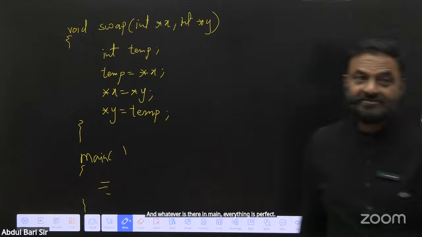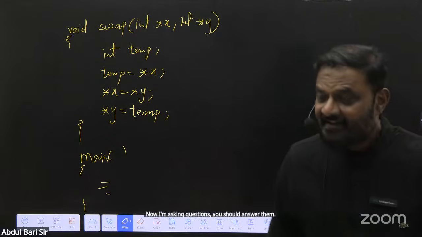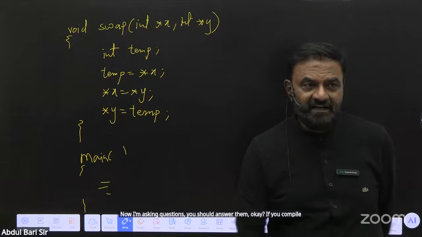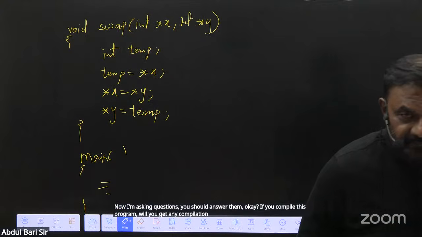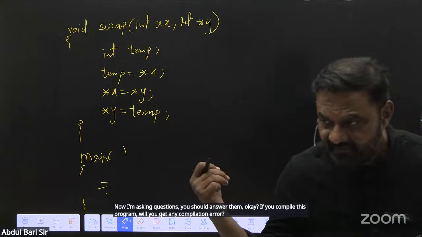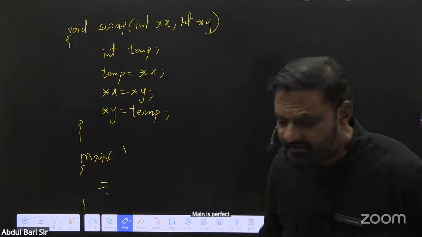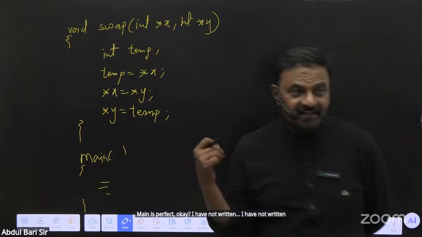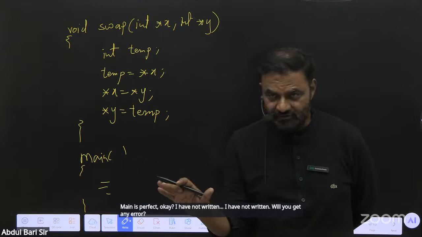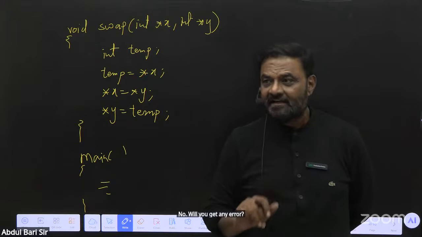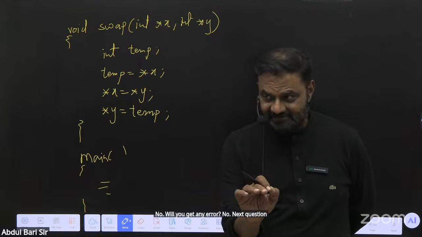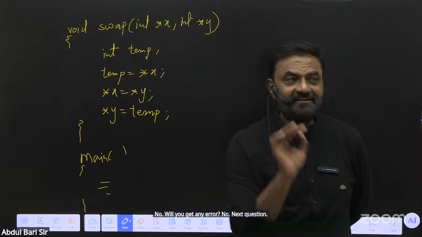Now I'm asking questions, you should answer them. Okay? If you compile this program, will you get any compilation error? Main is perfect. Will you get any error? No. Next question. Will you get any runtime error?